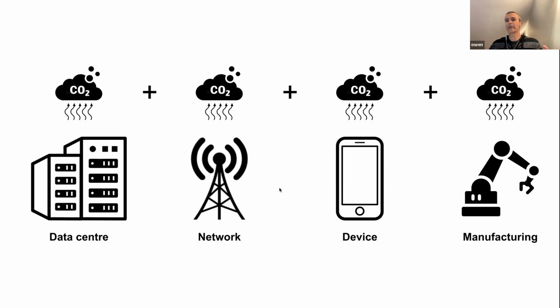So if we want to think holistically in terms of our footprint, we want to take some accountability for our share of the emissions associated with all four of these things. And that can seem a little bit overwhelming, but I'm going to introduce you to an approach that provides a very simple way to account for all of this.